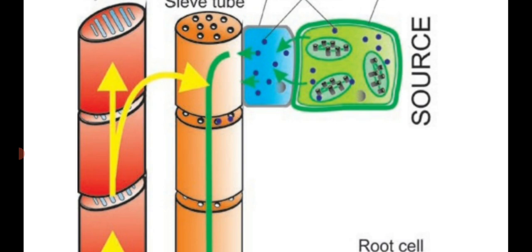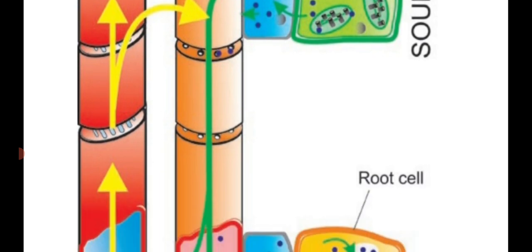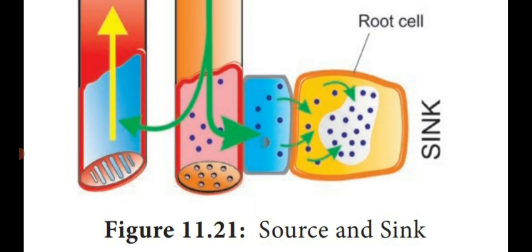A sieve tube contains minute pores. The pores forming a plate-like structure are called the sieve plate. Only through the sieve plate do they transport the food material to the different parts of the body, that is the sink. Examples: root, stem, tuber, flowers, fruits and germinating seeds.